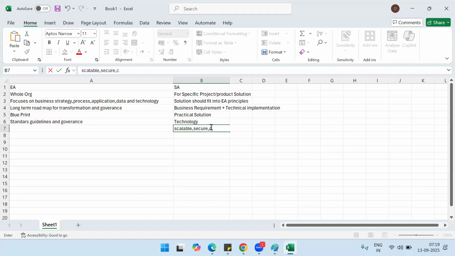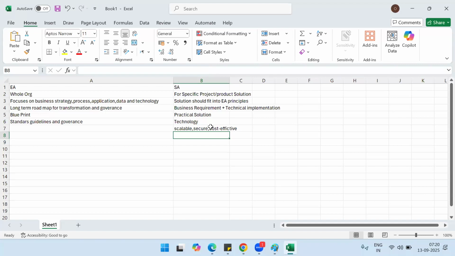See, for example, you are using cloud technology, and you are saying my monthly budget is $1,000. Your business is saying we will pay only $1,000 for this customer. It should not exceed. Now, who will decide? Not the enterprise architect. The enterprise architect should work with the solution architect by saying, okay, this is the budget, and all the resources in your cloud environment should be stopped or should not be in use if it is crossing that particular amount.